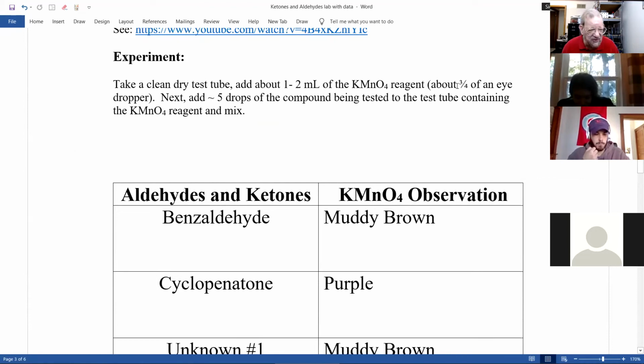And to help students out, that's about 2/3 of an eyedropper we use at ECC. And then add about 5 drops, that means the tilde, about 5 drops of the compound being tested, and mix it the way I showed you. Never go like this, either hit it or use the vibro mixers.